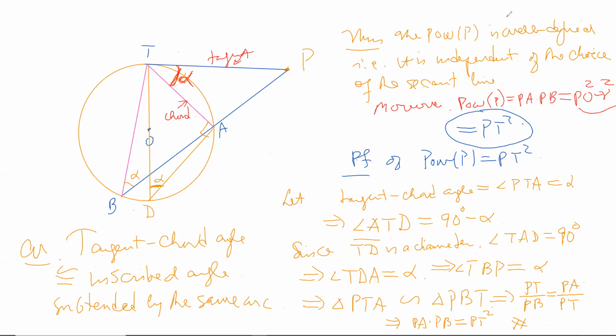And this one is what? The inscribed angle. So the tangent chord angle is subtended by this arc, as you can see. Are you with me? So this is the theorem. This is an important theorem called the tangent chord angle equal to the inscribed angle theorem. Make sense? All right, so we are done with this theorem.